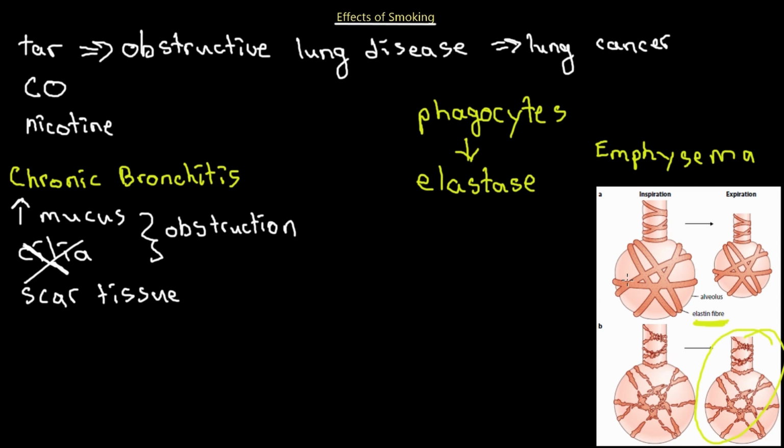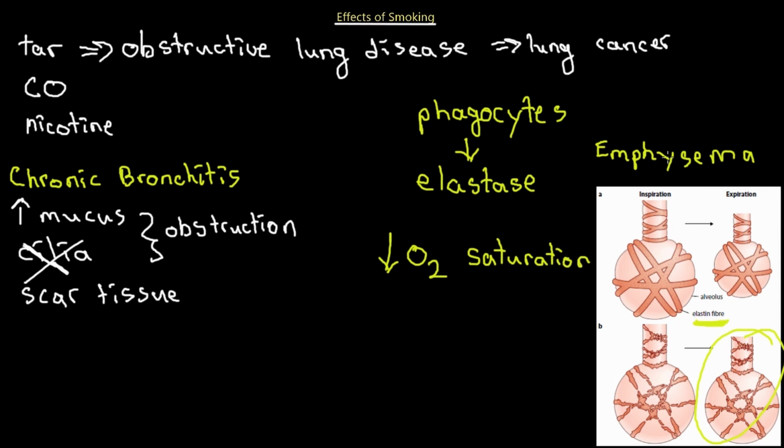So you get a bursting of the alveoli, and this reduces the surface area for gas exchange. And the number of capillaries also decreases, so less oxygen is absorbed into the blood. So you are chronically going to have lower oxygen saturation.